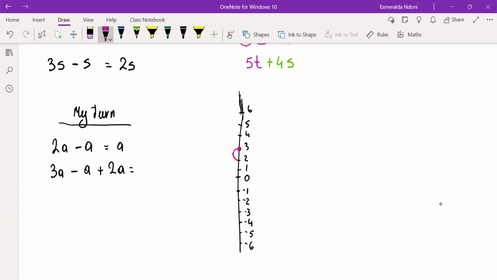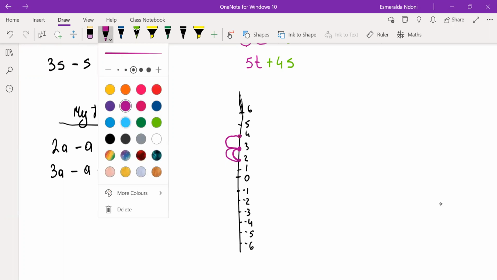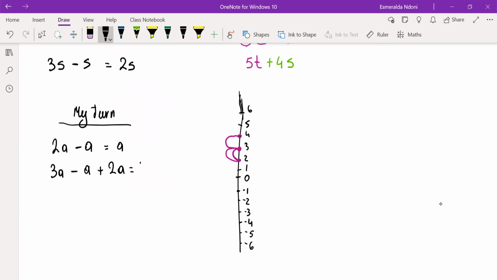1 gets given away. I end up with 2. But then I get 2 more. So 1, 2, I go up 2. So I ended up with 4 apples. Nice and easy? Let's try a different question when we have apples and pears.